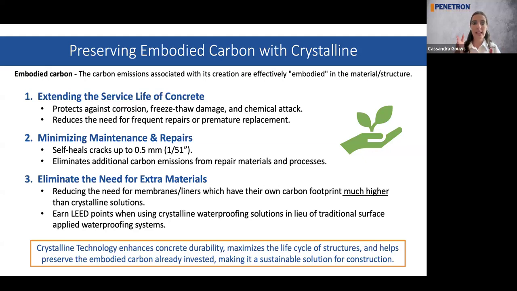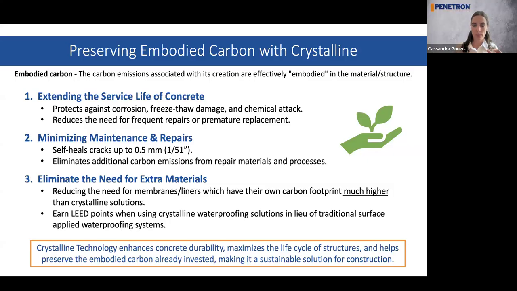By extending the service life of your concrete with the crystalline technology, and minimizing the maintenance and repairs because of the self-healing and the decreased permeability, you eliminate the need for extra materials and repairs.